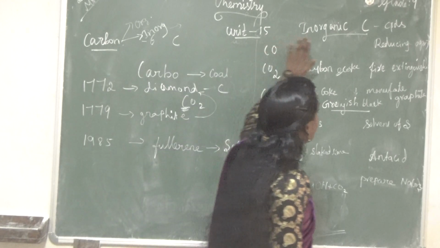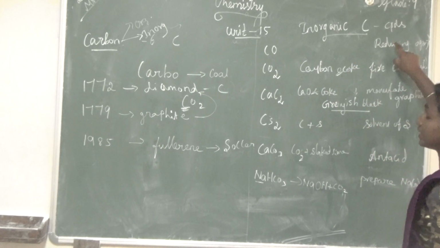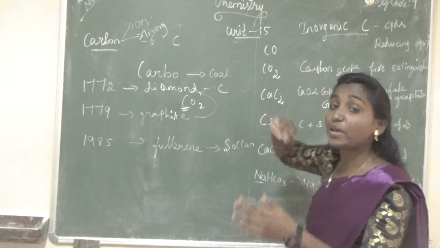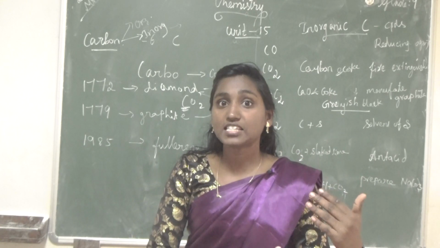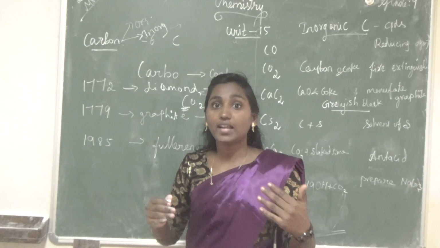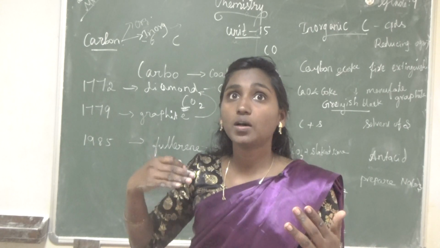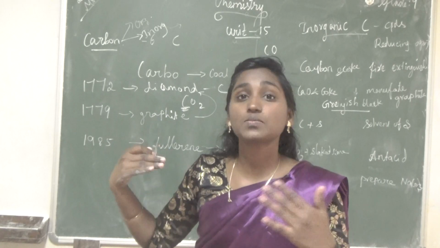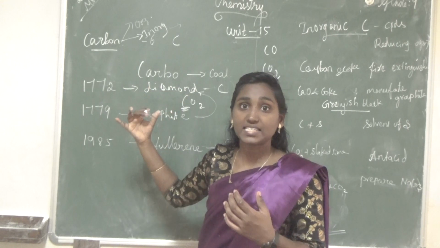Okay. Then next, uses. Carbon monoxide is used as a reducing agent. Reducing agent means, in a chemical reaction, one substance is converted into another substance, right? So an iron rod, you all know, after one month or six months, this iron rod will form rust, right?